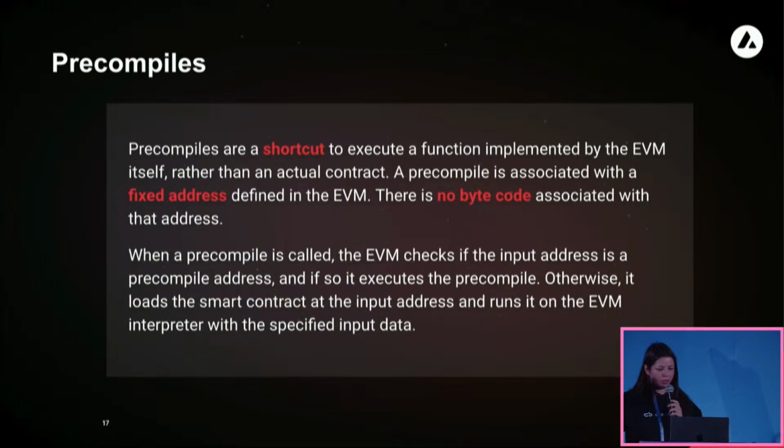We will see an example in the next slide. But it gets deployed at a specific address, and whenever this address is being called by any application, the EVM will know it's a precompile and will not load any bytecode. In contrast, if it's not a precompile, then it loads the bytecode and interprets the bytecode.